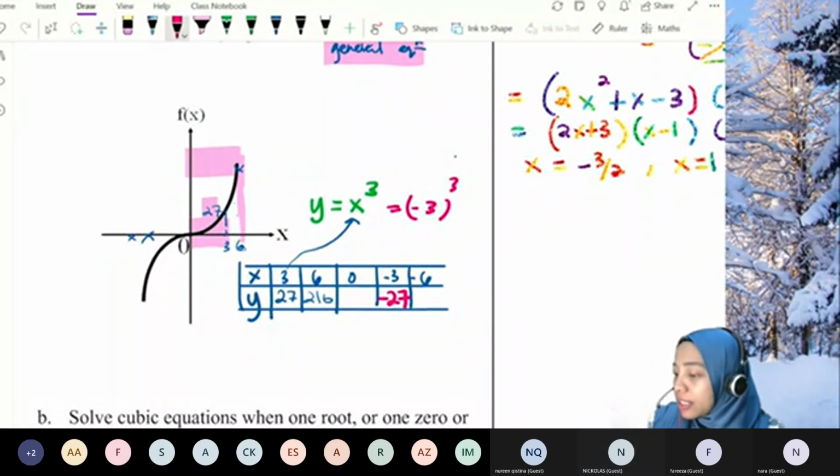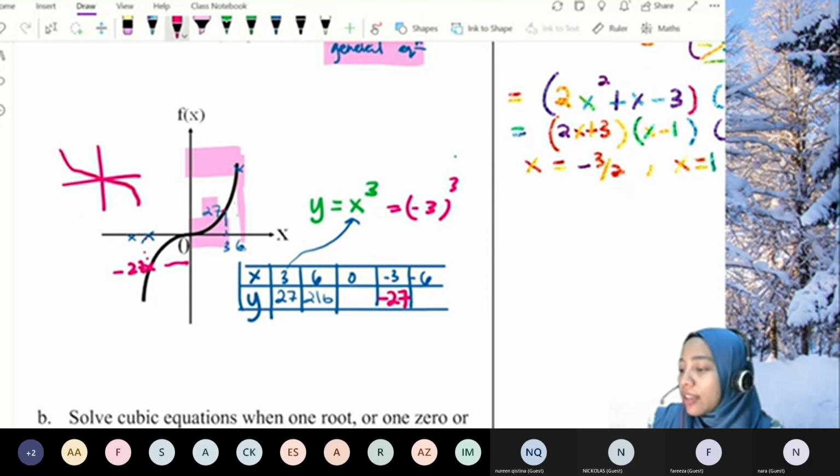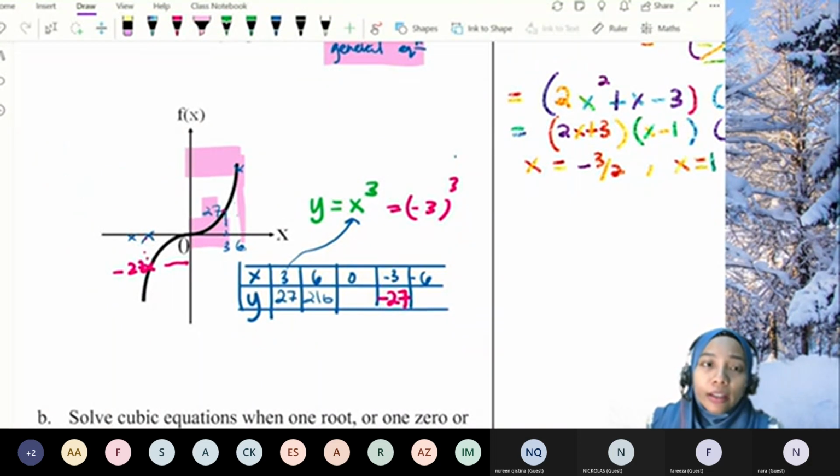So kalau you tengok tadi dia 27, sekarang dia akan turun jadi -27. That's why dia dekat bawah. So you kena ingat lah. Okay, bentuk y equals to x cube begitu, meanwhile y equals to -x cube begini. Okay, you will learn further regarding this graph on the next chapter, function and graph.